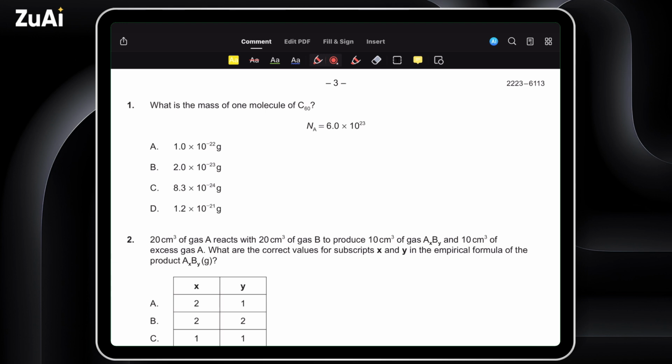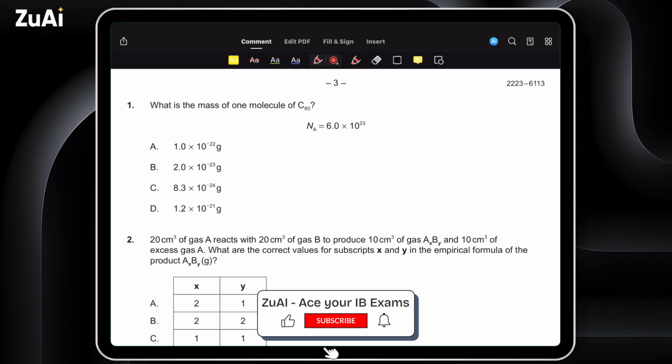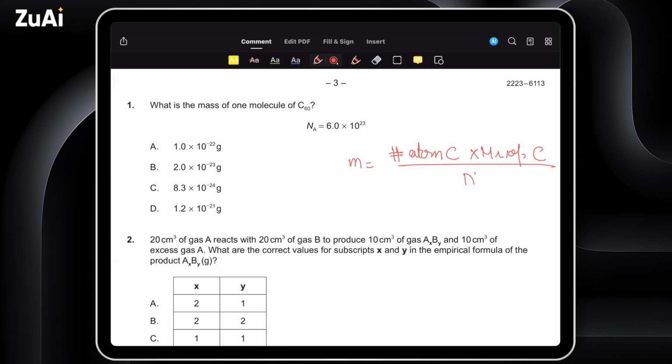There is a formula we have to know: mass is equal to number of atoms of carbon times Mr of carbon divided by Avogadro's constant. So how many atoms are there? There are 60, times Mr of carbon, which is 12.01.